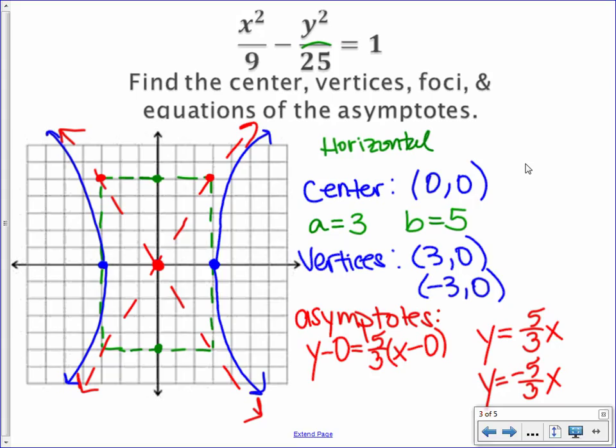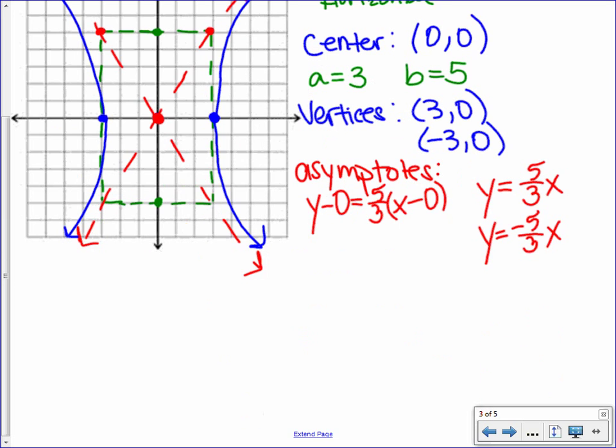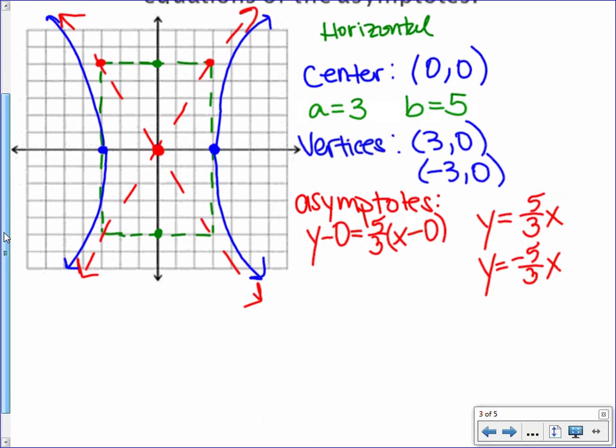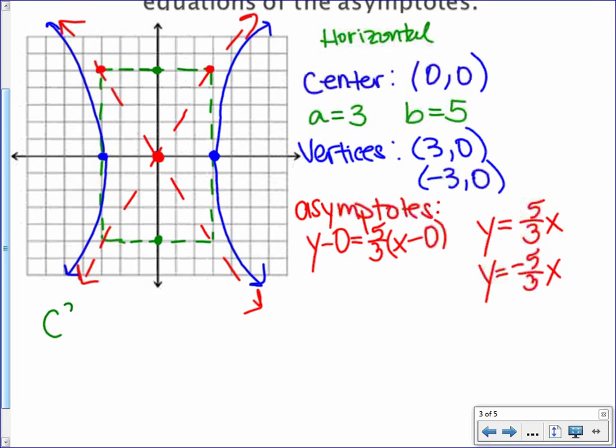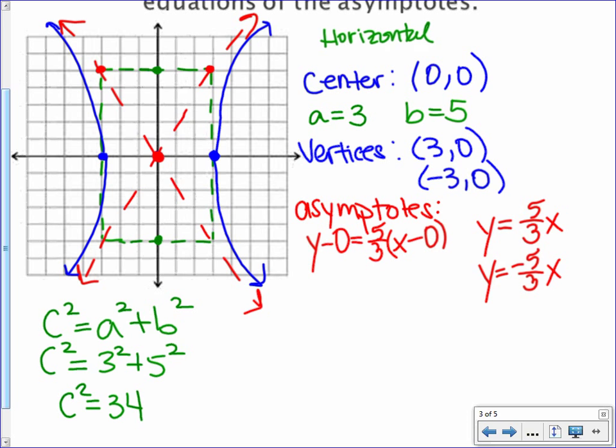The last thing we need to identify are the foci. Please recall that equation that I gave you. C squared is now a squared plus b squared. So in this case, we have 3 squared plus 5 squared. 9 plus 25 makes 34. So our C value is the square root of 34.